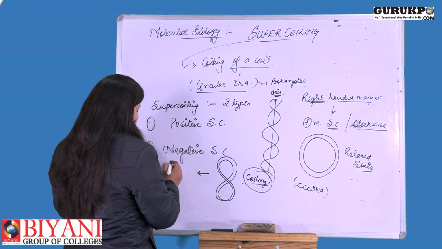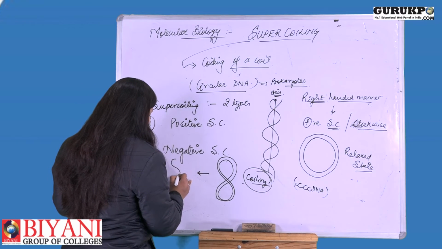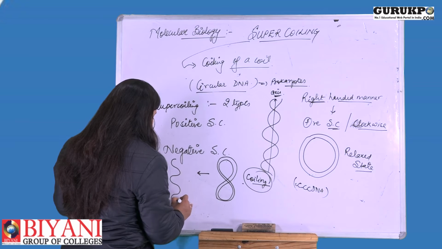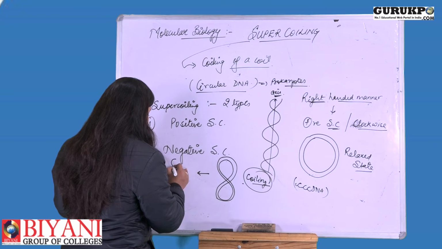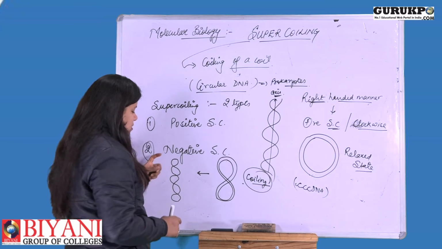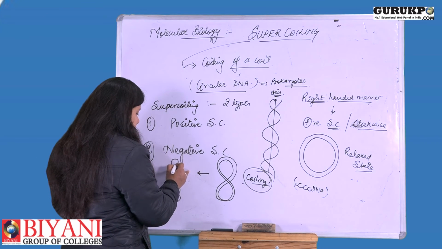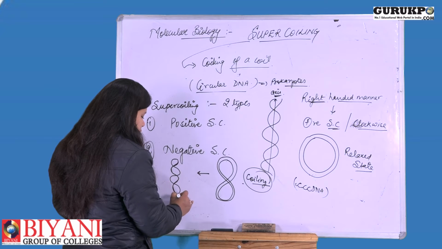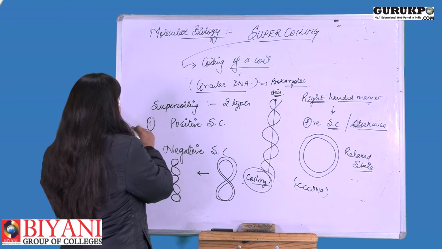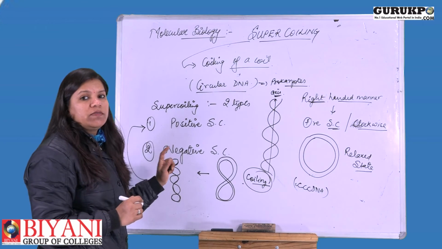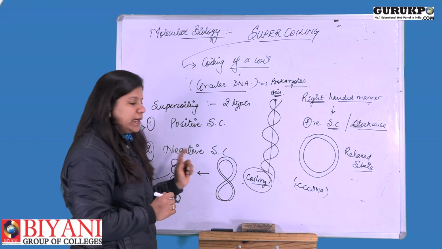Further, if this supercoiling occurs in a right-handed fashion like this, suppose this is a double-stranded DNA, this is the right-handed orientation of supercoiling, and it will give rise to a positively supercoiled circular DNA.